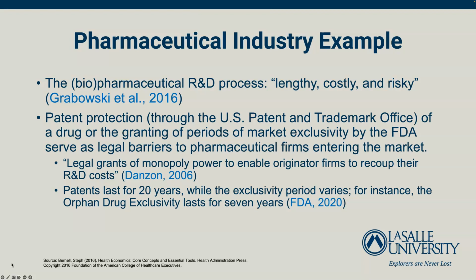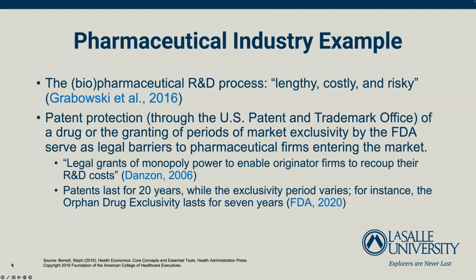We also have patent protection through the U.S. Patent and Trademark Office, or the granting of periods of market exclusivity by the Food and Drug Administration. These both serve as legal barriers to other firms entering the market and, in essence, provide a period of monopoly power for those firms.